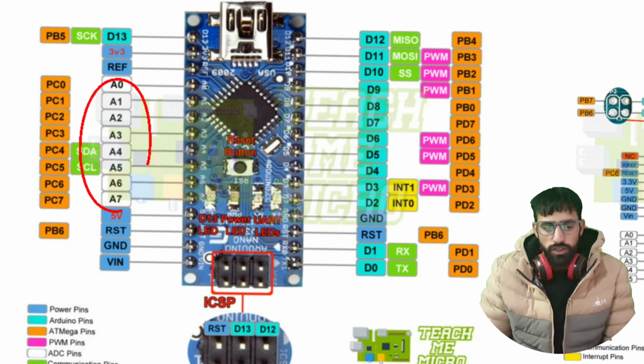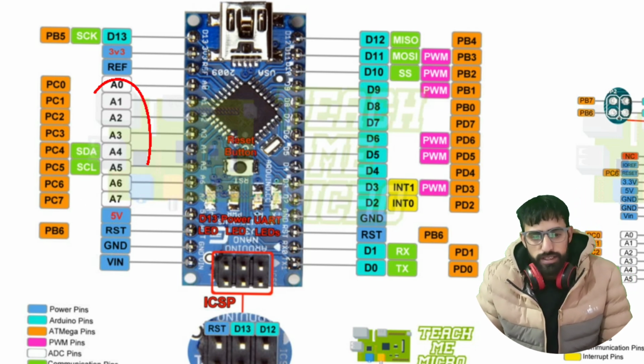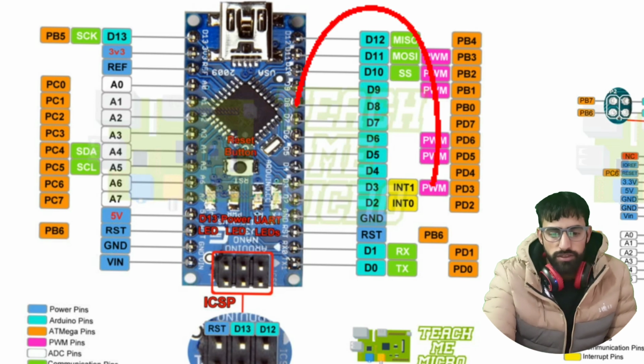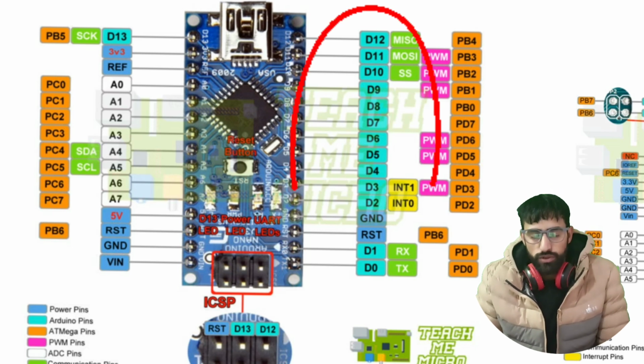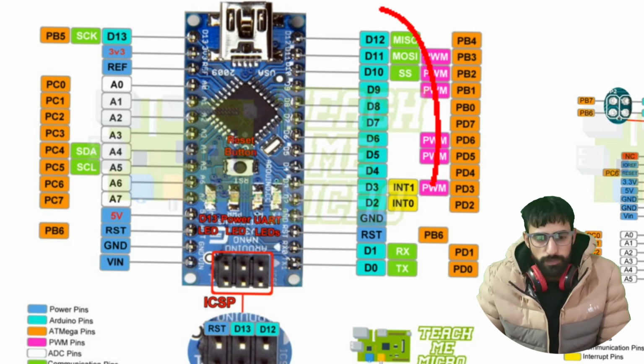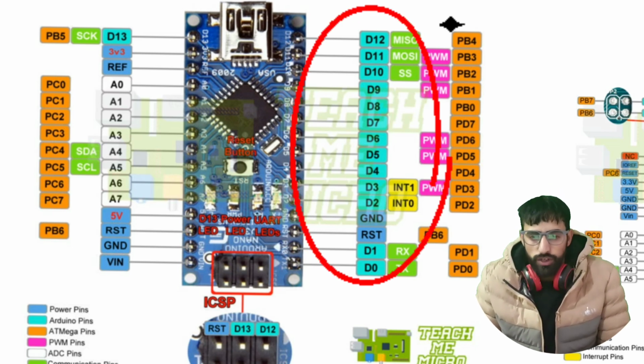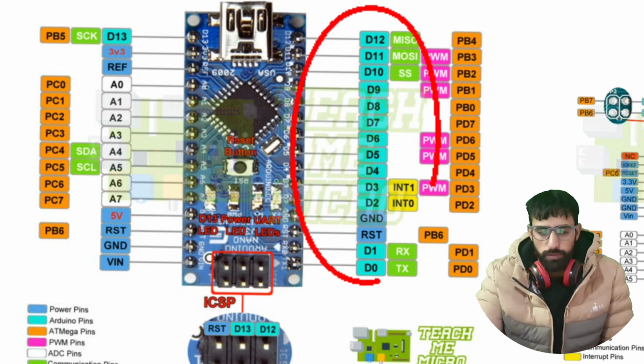Arduino Nano has 8 analog pins and 13 digital pins that start from D0 to D12, and D13 is here. So Arduino Nano has 13 digital pins and 8 analog pins.